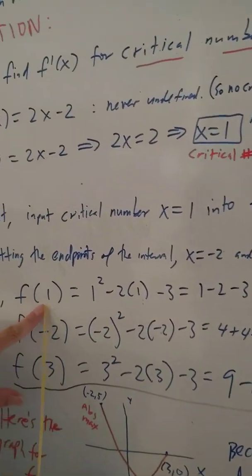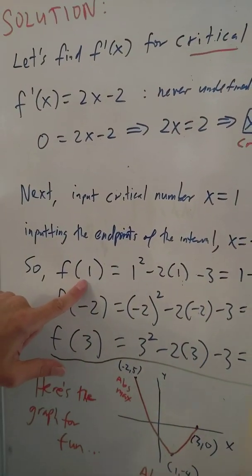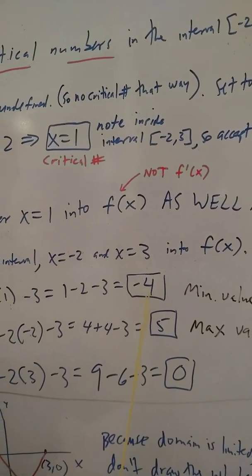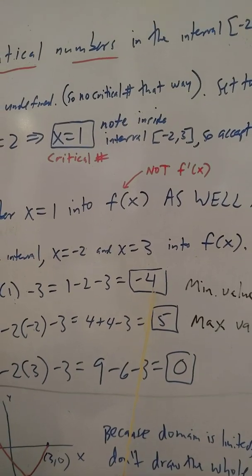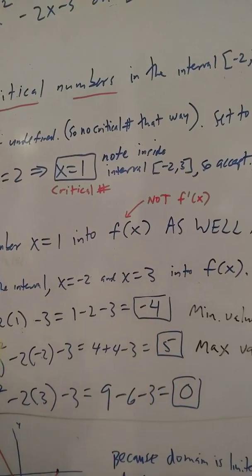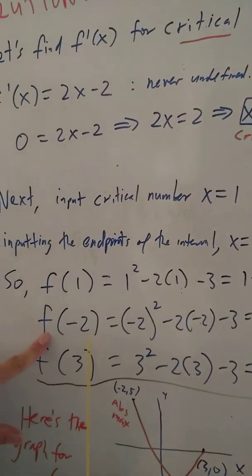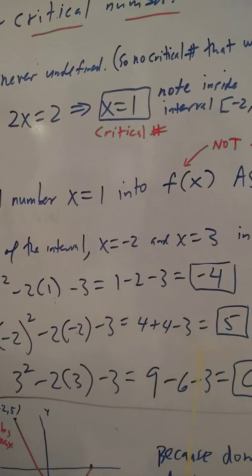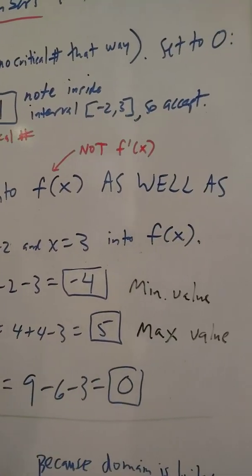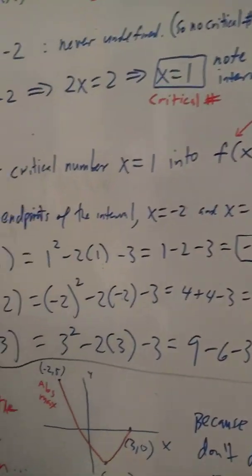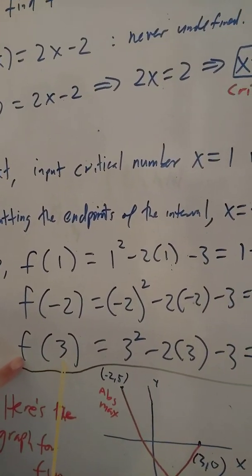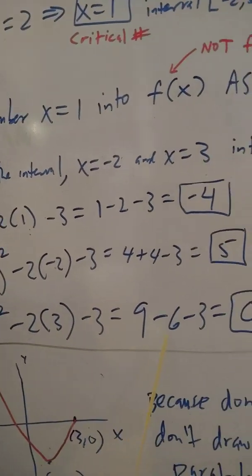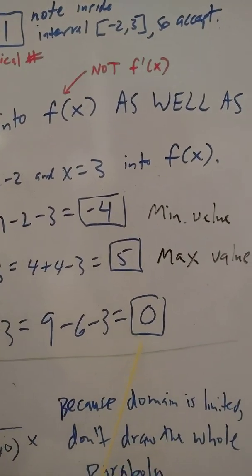Notice this is my input: when I input x equals 1, I output y equals -4. This is called a value; it's the y-coordinate of the point on the graph. When I input -2 into my original function, I get 5. And when I input my other endpoint, f of 3, I get 3 squared minus 2 times 3 minus 3, which equals 9 minus 6 minus 3, which is 0.